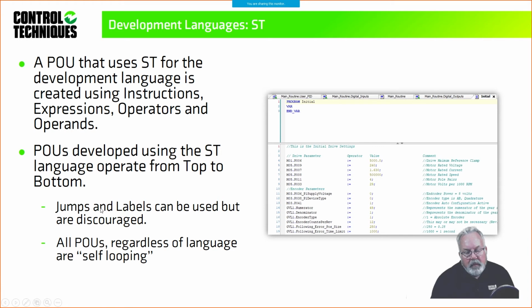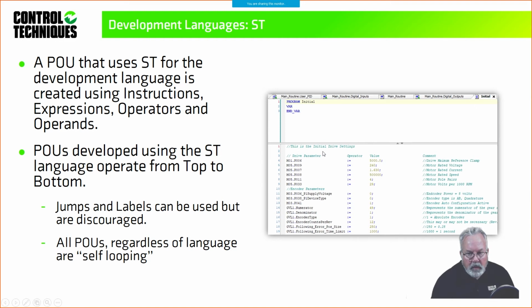Jumps and labels are supported here, but I highly discourage their use. Jumps and things can lead way down the rabbit hole, and it's very difficult to troubleshoot and debug issues.